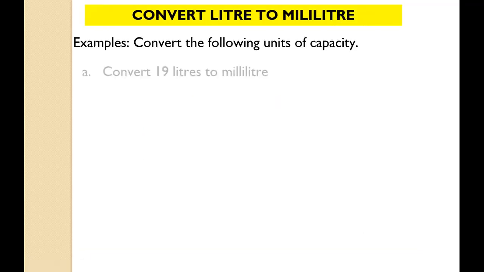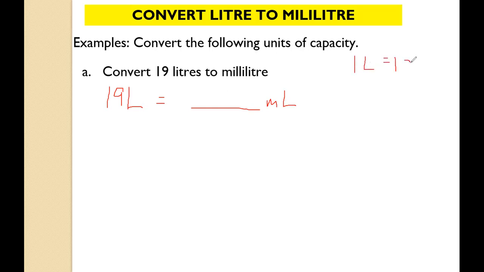So let's try this one. We have 19 liters, so let's convert 19 liters to milliliters. Remember your guide: 1 liter is 1000 ml, and liter is larger than milliliter.